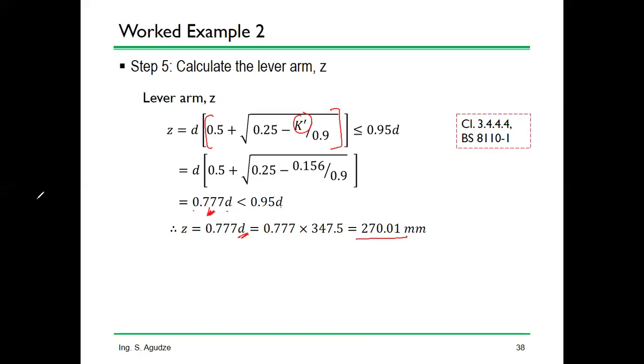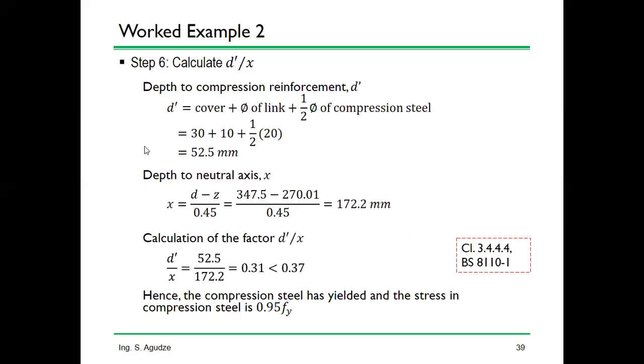So after that, we have to determine our D prime. We need to calculate D prime over X, which is very important to check whether the compression steel has yielded or not. And then you find the required stress level in the reinforcement. So the D prime, we are assuming diameter of what? 20.